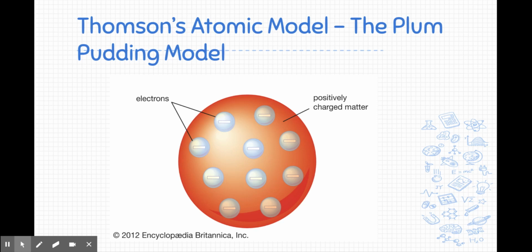In his model, the mass of the atom is the positively charged matter. That's the bun or the muffin. Embedded within this mass of positively charged matter are individual particles, which can be removed, which we call electrons. And those electrons are negatively charged.